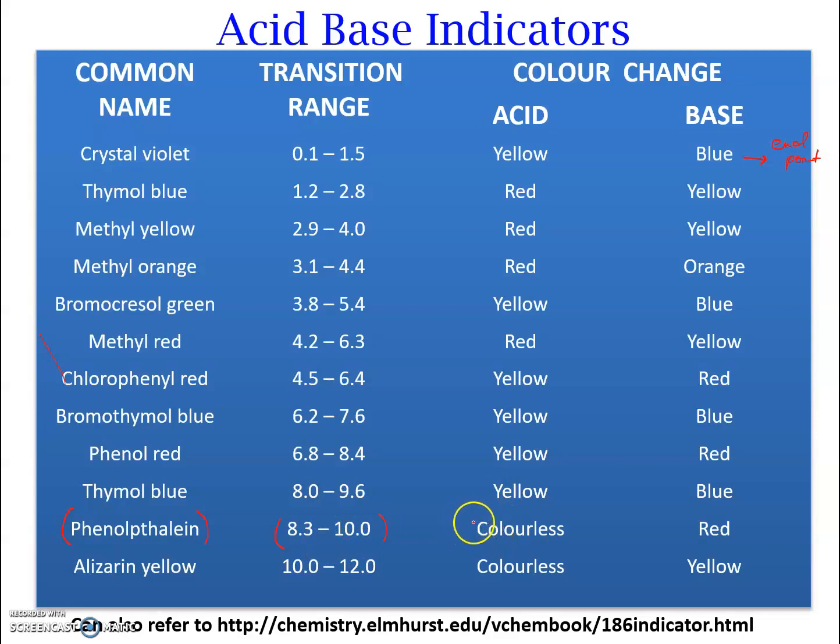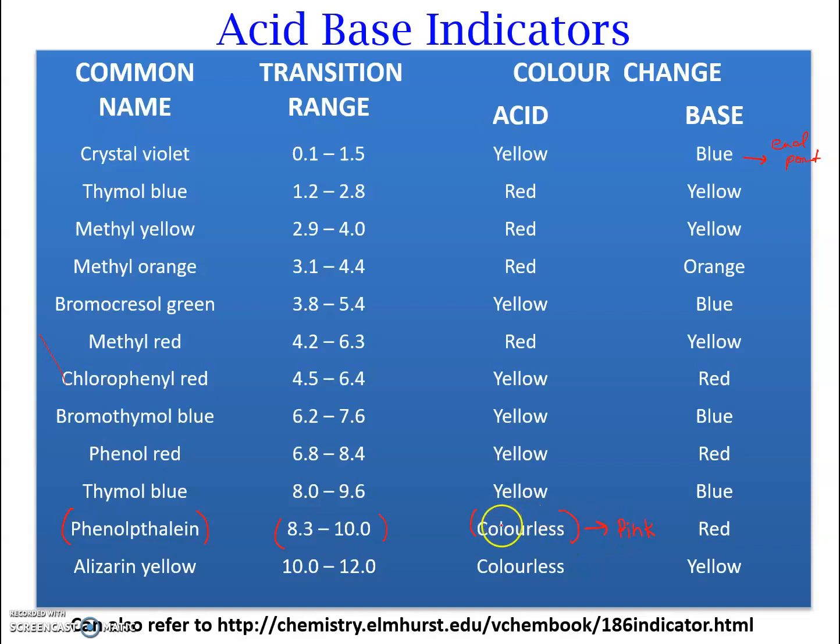When we put the phenolphthalein indicator in acid solution, the indicator is colorless. When the reaction occurs, when the titrant reacts with the analyte, the signal is that the indicator changes color from colorless to pink.